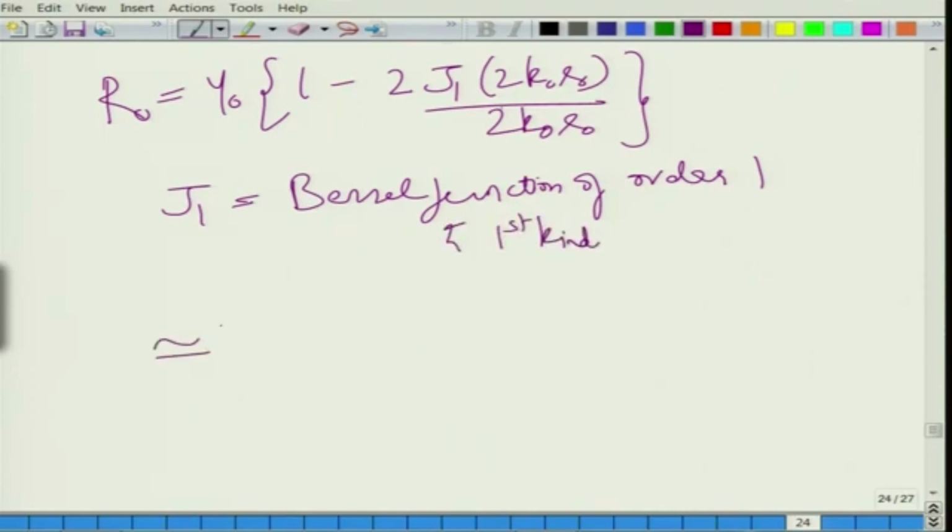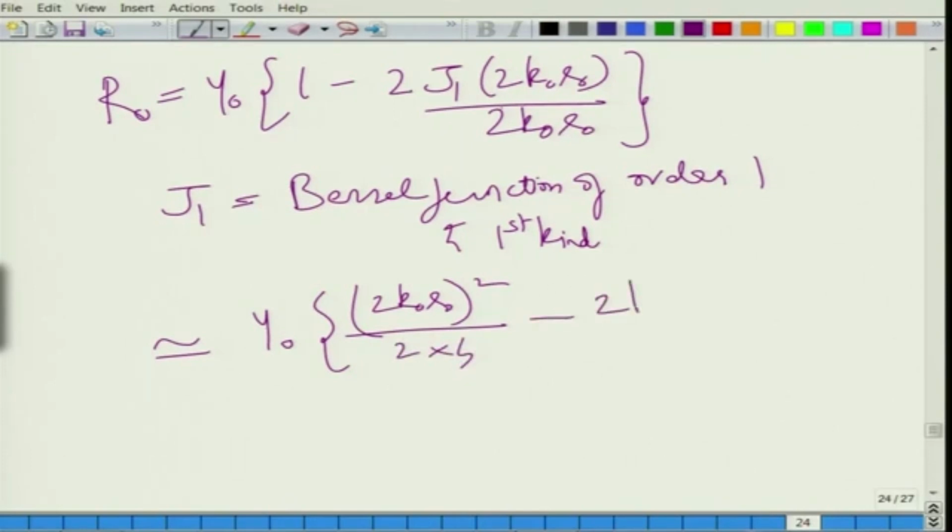When you do this, you will probably get (2 K naught R naught) square divided by 2 into 4, minus (2 K naught R naught) to the power 4, and so on. Basically, you are doing nothing but writing down the first few terms of the Bessel series in terms of the Frobenius series solution. So like this you will have many more terms.